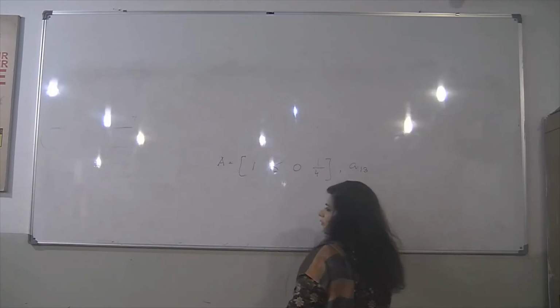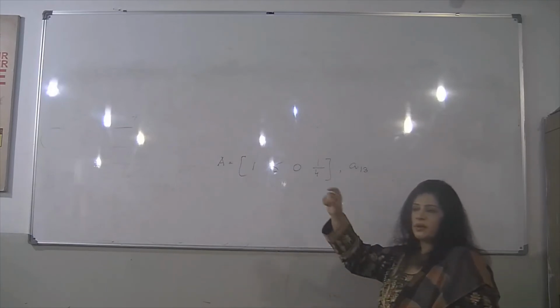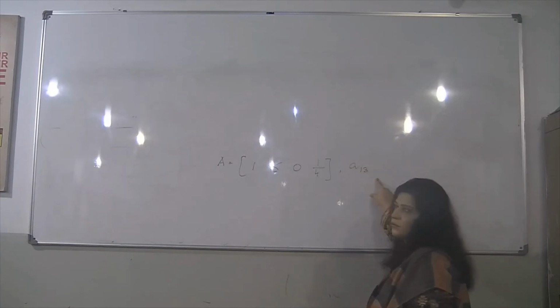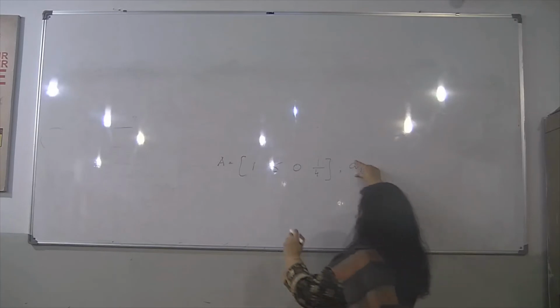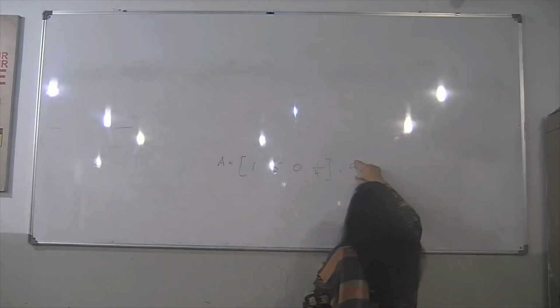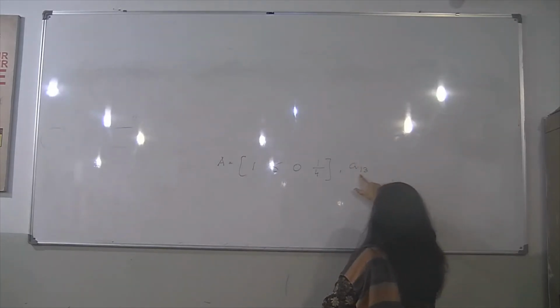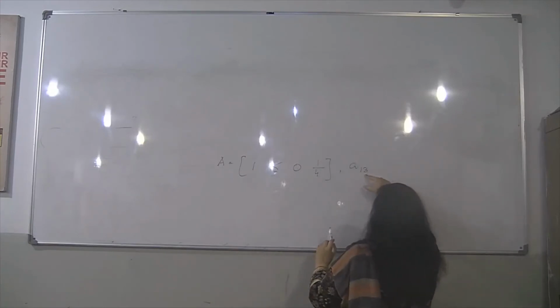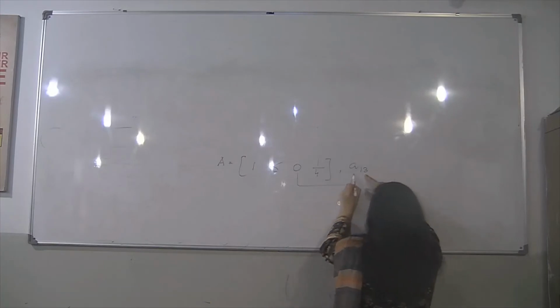It's very similar to having an address given to you and then you just reach that because of the name. It's just like a street number that you would have. And then you can just simply go there. So now A is a representative of this, and it's just the entry at I, which is 1, the first row, and J, which is the third column. So this would be this one.